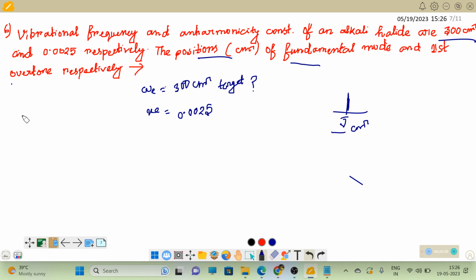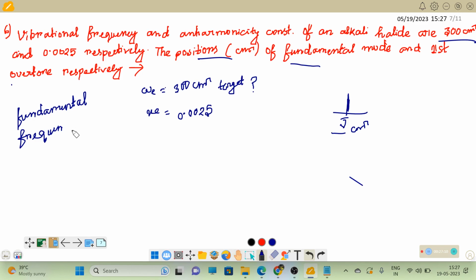So for the fundamental frequency, you already know the formula, that is delta epsilon equal to omega e into 1 minus 2 x e, that is omega e minus 2 into omega e x e.